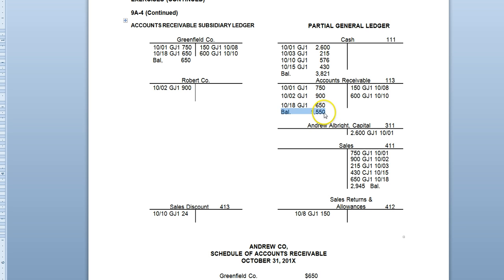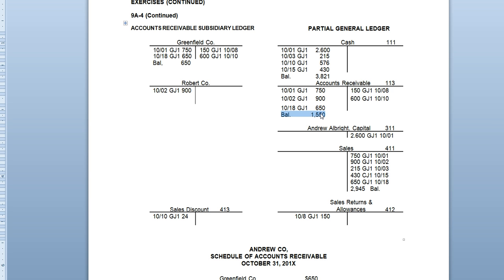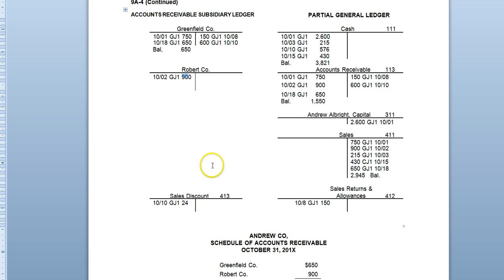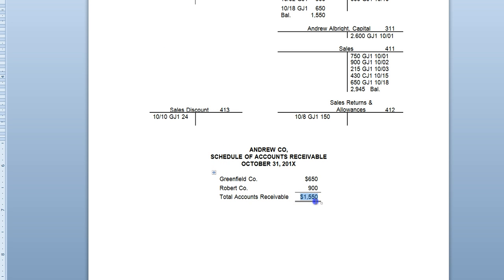The general ledger goes to the balance sheet, accounts receivable as a current asset, 1550. And in the accounting system, you will have the individual accounts and their balances that make up that $1,550 balance, which is scheduled in the schedule of accounts receivable.